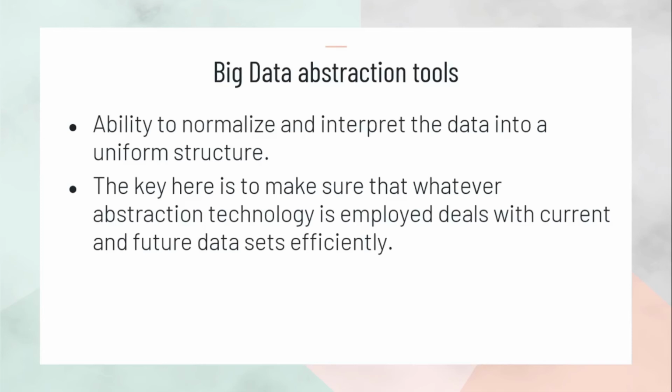Of course, one of the primary capabilities offered by abstraction tools is the ability to normalize and interpret the data into a uniform structure, which can be further worked with. The key here is to make sure that whatever abstraction technology is employed deals with current and future data sets efficiently.